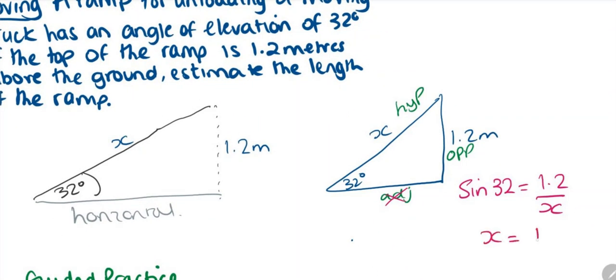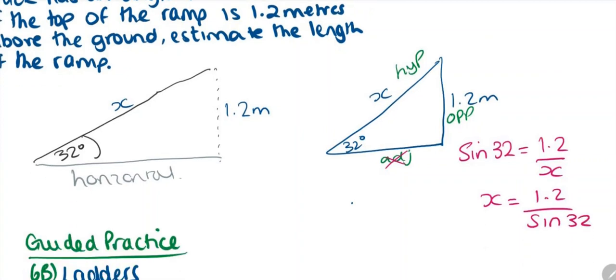Rearrange, x is equal to 1.2 divided by sine 32. Put that into the calculator, 1.2 divided by sine 32, and we have an answer: 2.26. So we can say that is approximately 2.3 meters long.